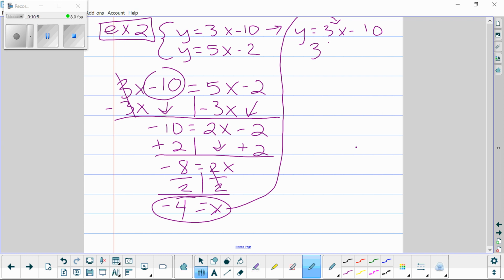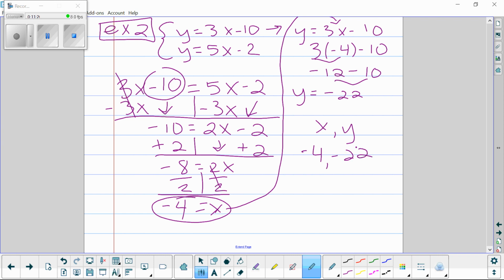So now it's going to be 3 times negative 4 minus 10. So now 3 times negative 4 is negative 12. And negative 12 minus 10 is negative 22. So the final step then is to write the answer as x comma y. So that means that this one is (negative 4, negative 22).